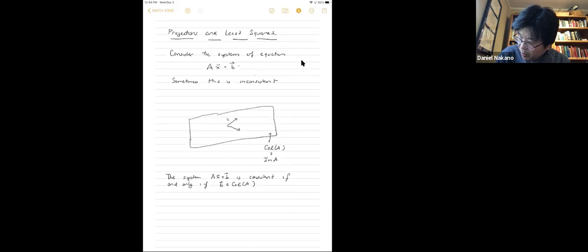Let's call them A1 and A2. Now, if AX equals B is inconsistent, then the B vector will lie outside the column space.